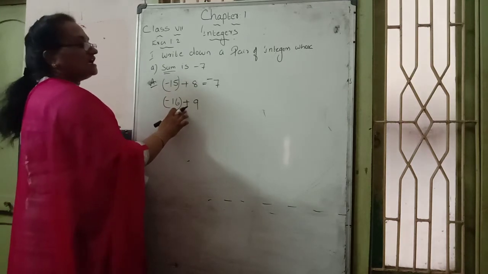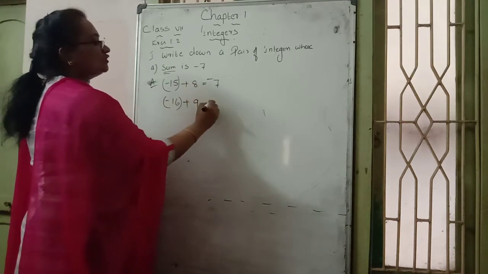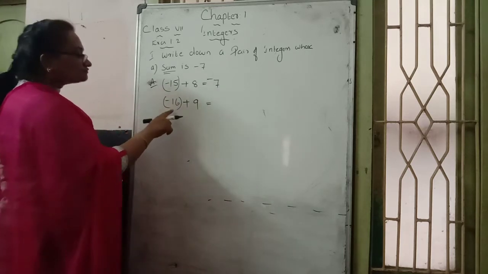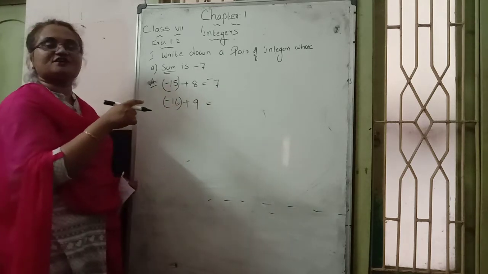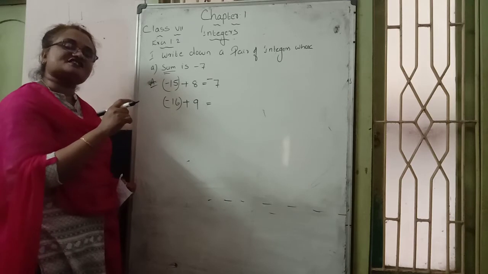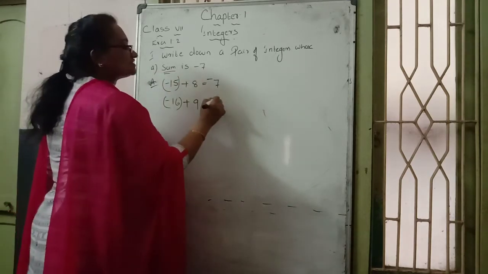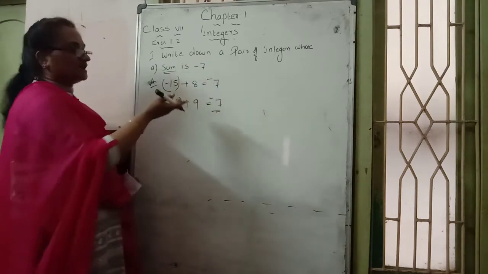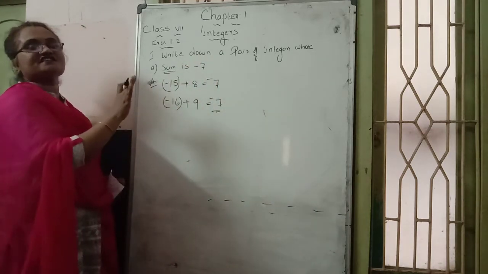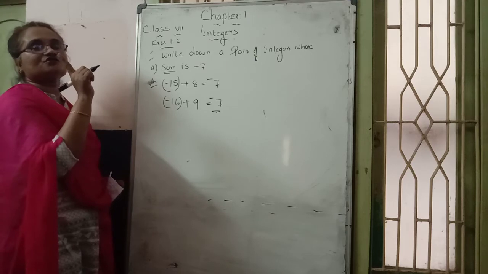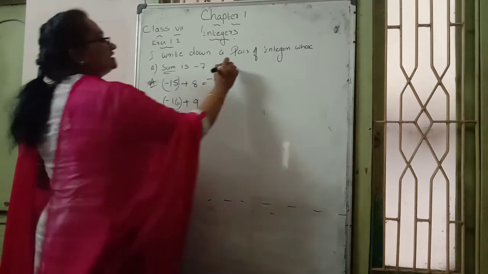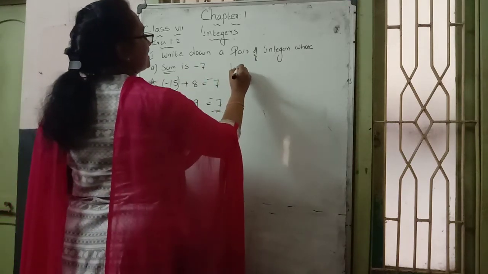They are adding, and we want a minus answer. So opposite signs means what we want to do? Subtract. So 16 minus 9 comes to be how much? 7. What 7? Minus 7. So like this. Here one pair is enough. I have written 2 pairs. In the question they are asking any one pair, you choose and write down. I hope you can understand how to find that.